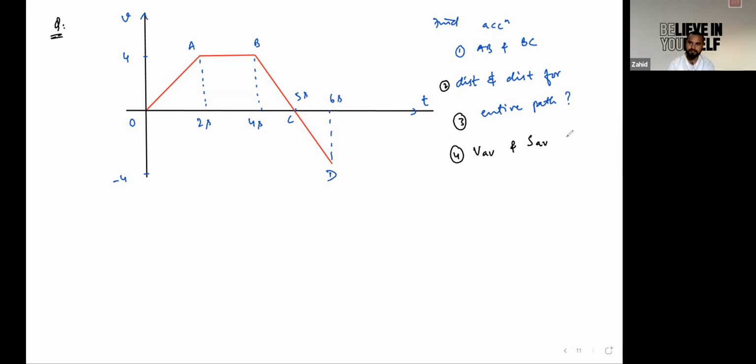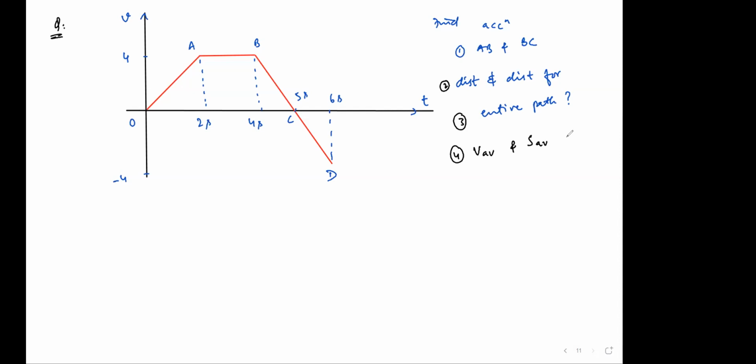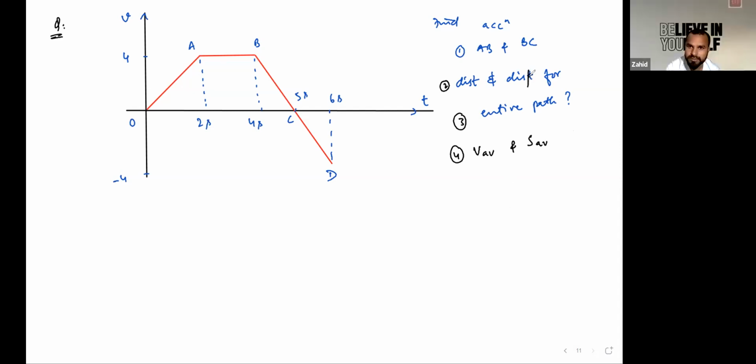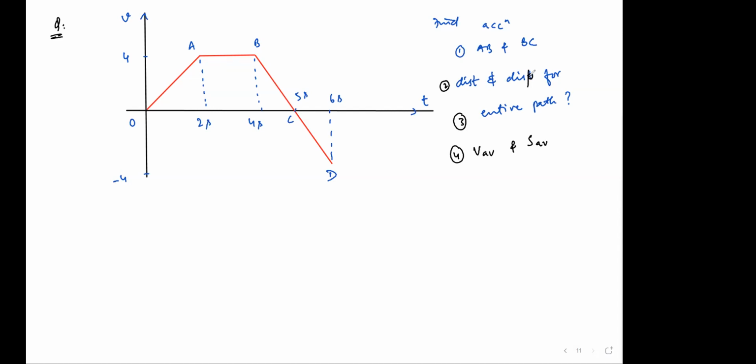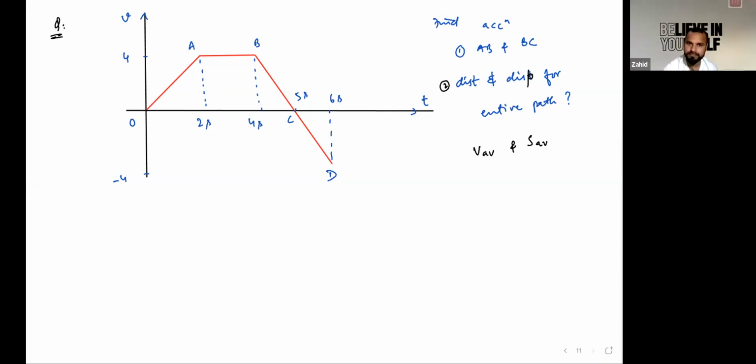So the second question should be distance and displacement for this entire path. So it will be the third question.